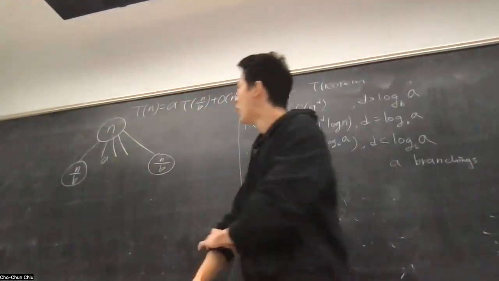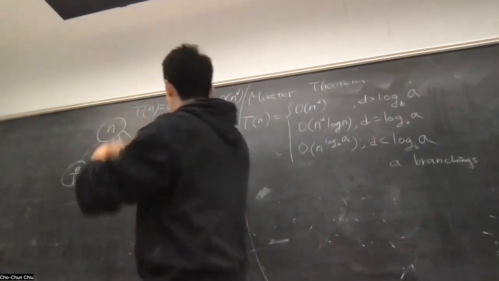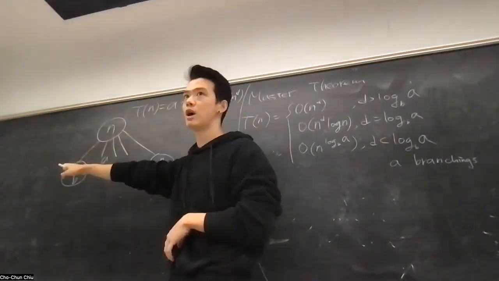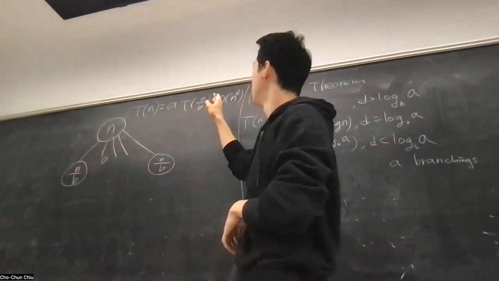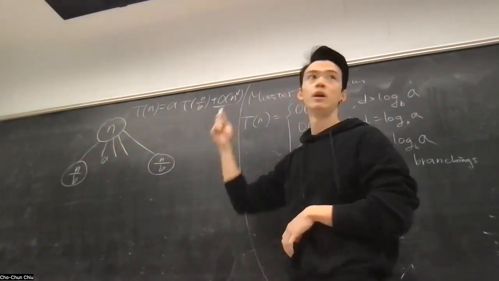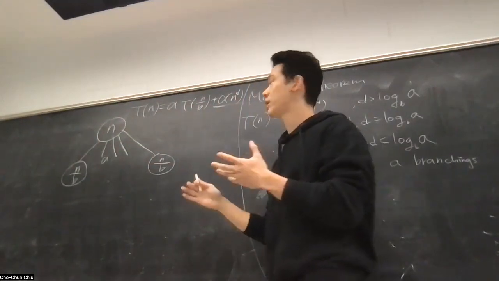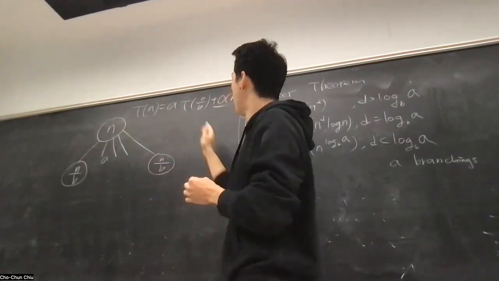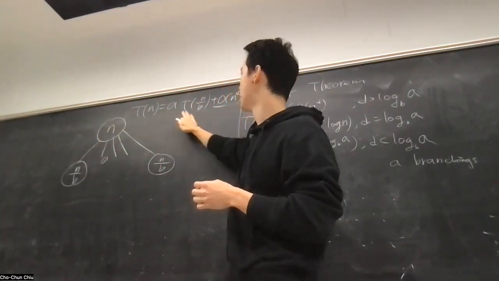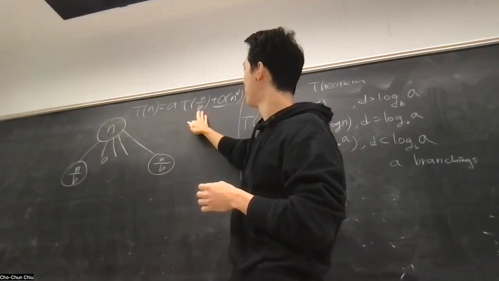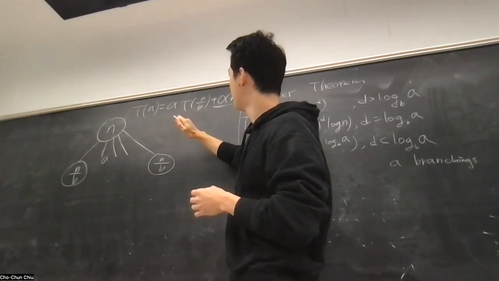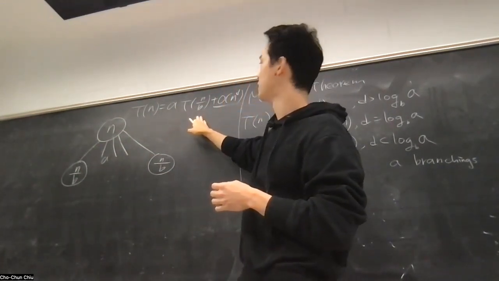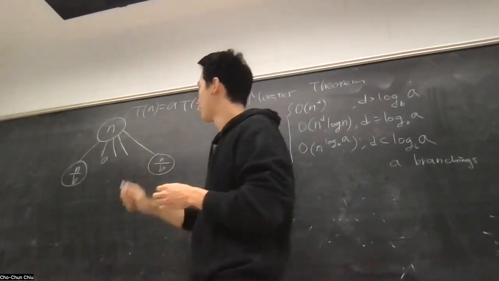Okay, so let's look at the formula first. What does this mean? This means that for the original problem, we just need to spend this time. And other than that, we can decompose our problem by solving the subproblems, right? The size of the subproblem is going to be smaller because b is going to be positive, right?